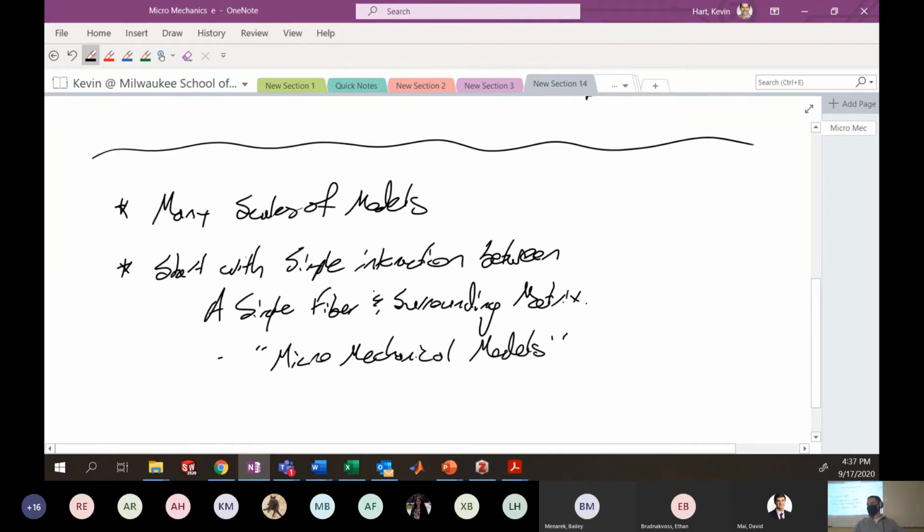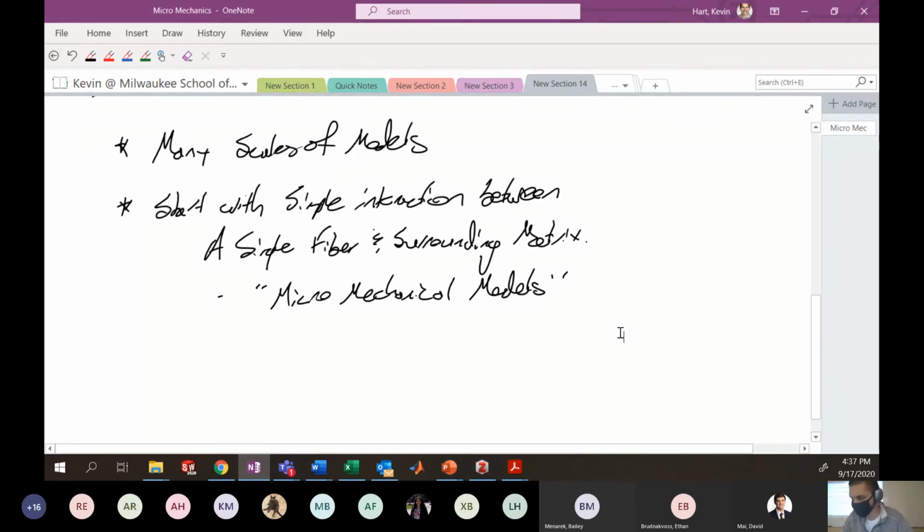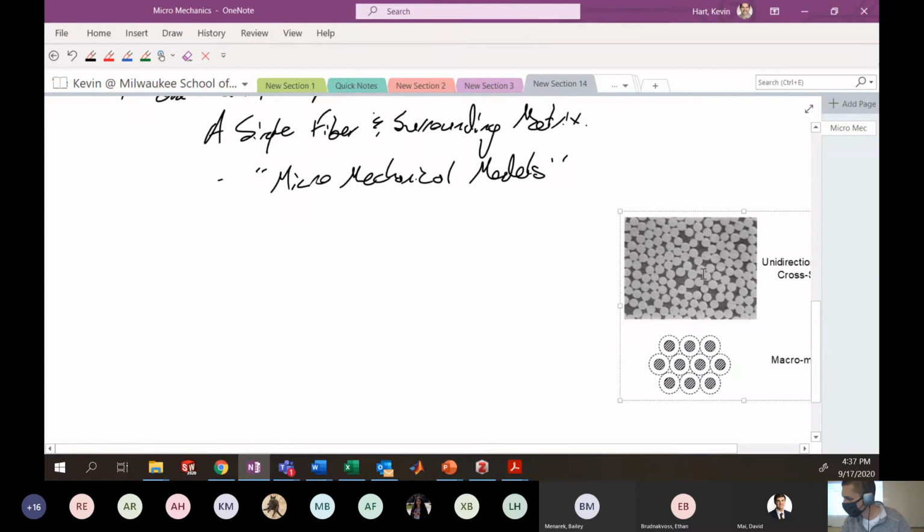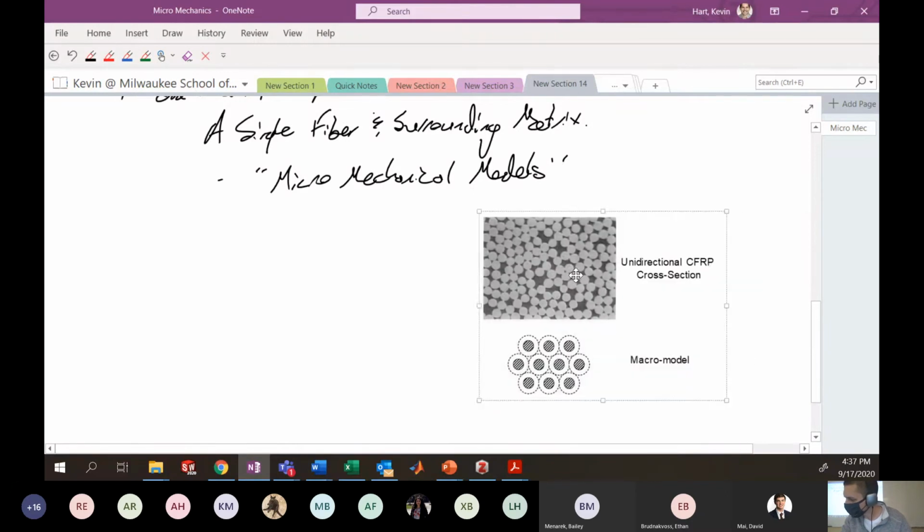I've got some pictures on the slides, and I think I'm going to bring them in here just to show you what I mean. So if you thought about a unidirectional carbon fiber reinforced plastic cross section, it's made up of all of these individual fibers here.